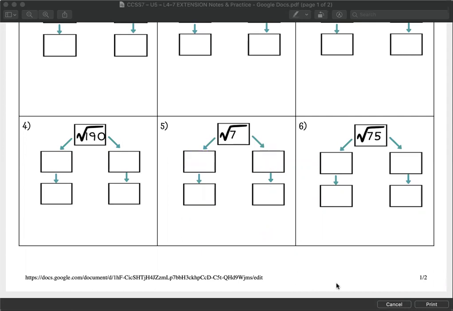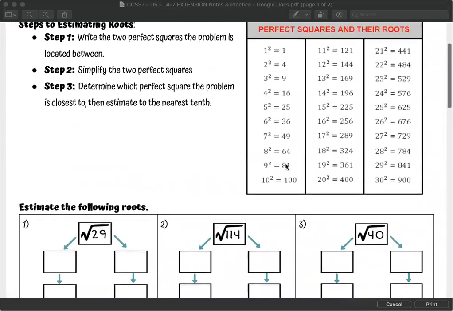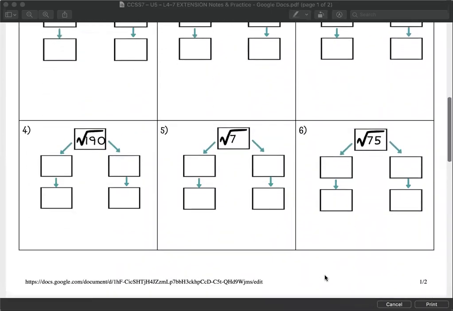And last one, we've got square root of 75, which falls between 64 and 81. So square root of 64, square root of 81. Square root of 64 is 8, square root of 81 is 9.